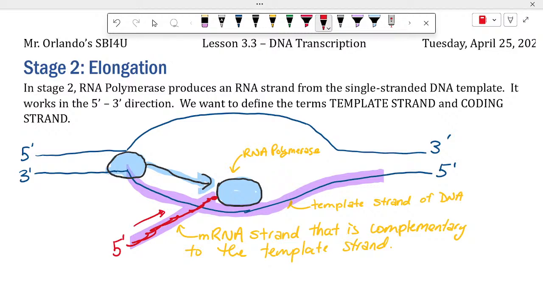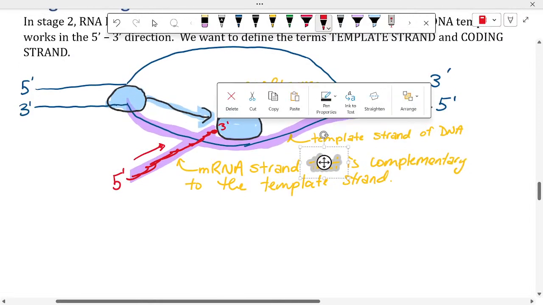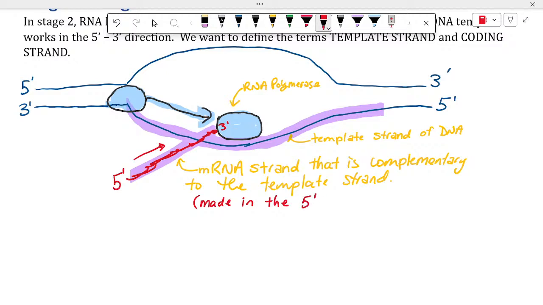And the end here will be 3', and that's going to keep getting made as it goes along. Does that make sense? So this is made in the 5' to 3' direction. We've already said that, but we'll say it again.